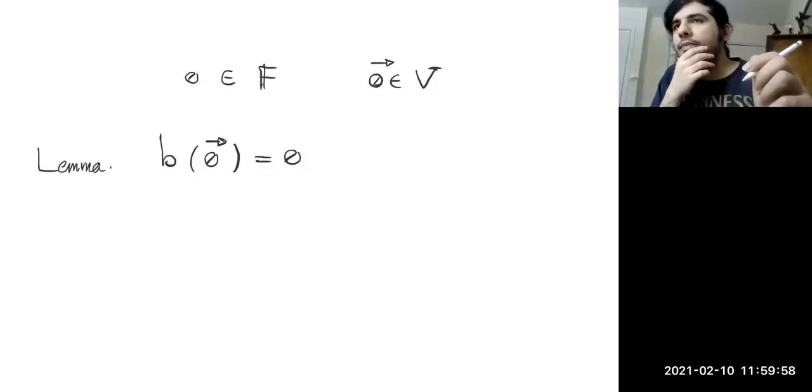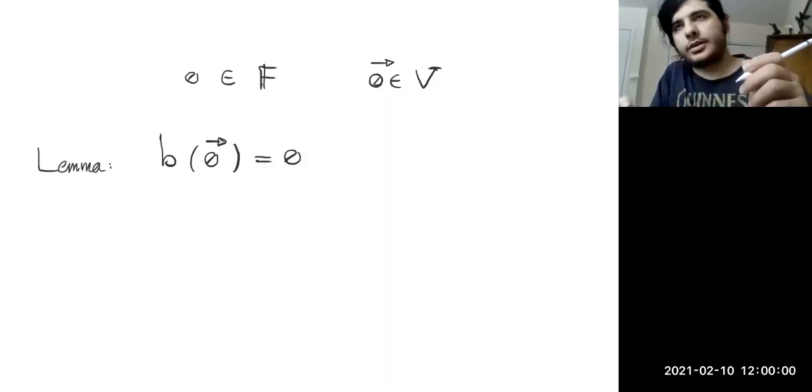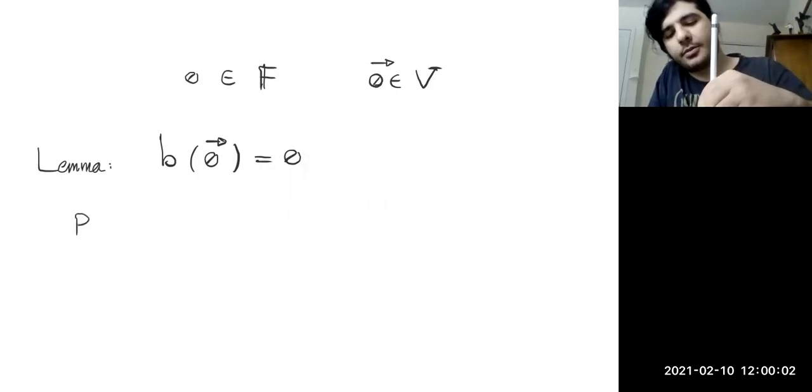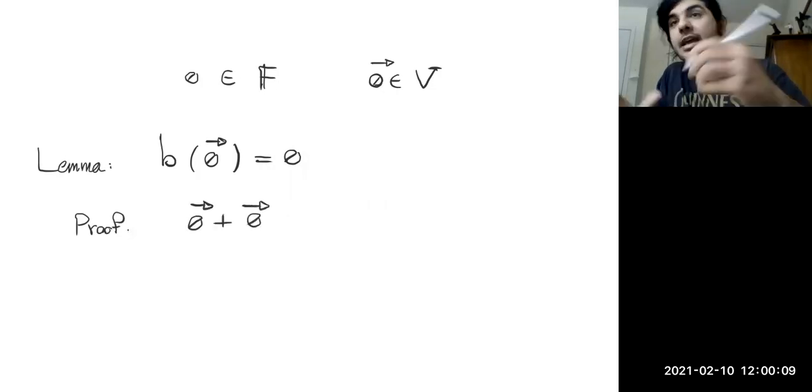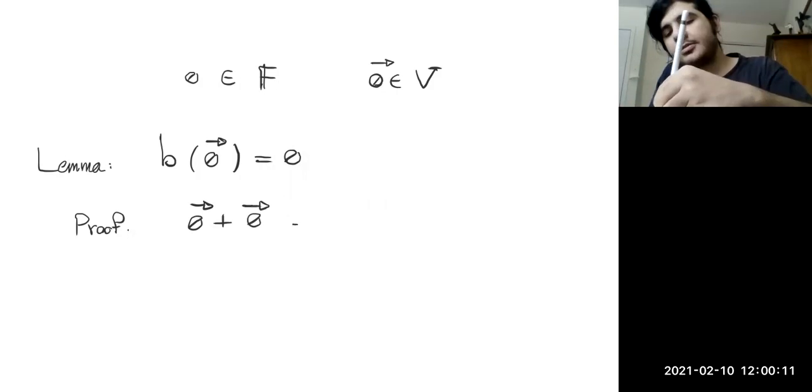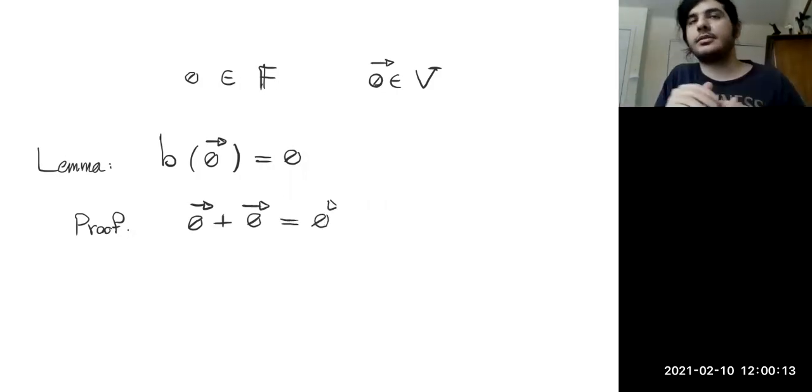And that's pretty straightforward. Why? Let me write down the proof of this lemma too. Look at this vector 0 plus the same vector 0. The result would still be the vector 0, right?